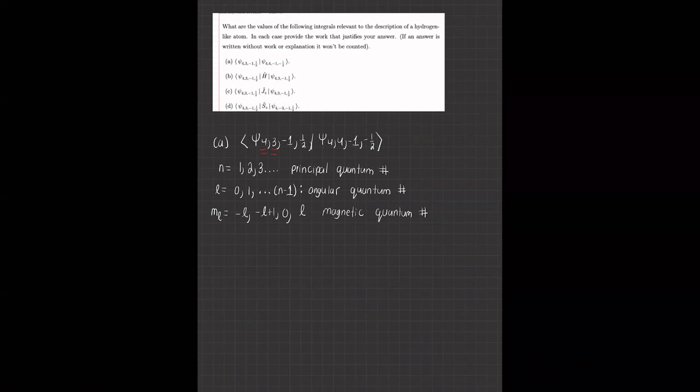And m is not over L. I forgot to mention, this is just spin, so we make sure these are half-integer spins, because electrons have half-integer spins. That makes sense here. But this here and this here on the other term are not equal to each other, so this wave function doesn't make sense.